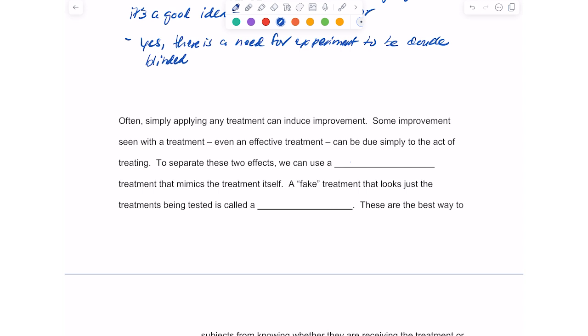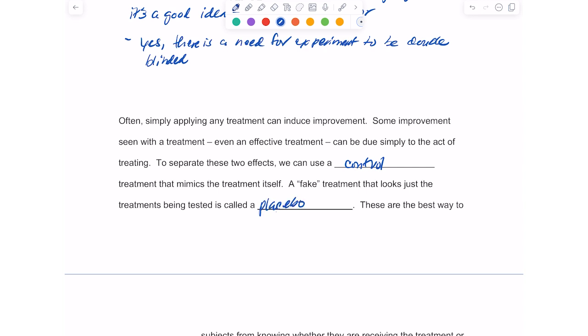Often simply applying any treatment can induce improvement, and such improvement seen with a treatment, even an effective treatment, can be due simply to the act of treating. To separate these two effects, we can use a control treatment that mimics the treatment itself. A fake treatment that looks just like the treatments being tested is called a placebo.